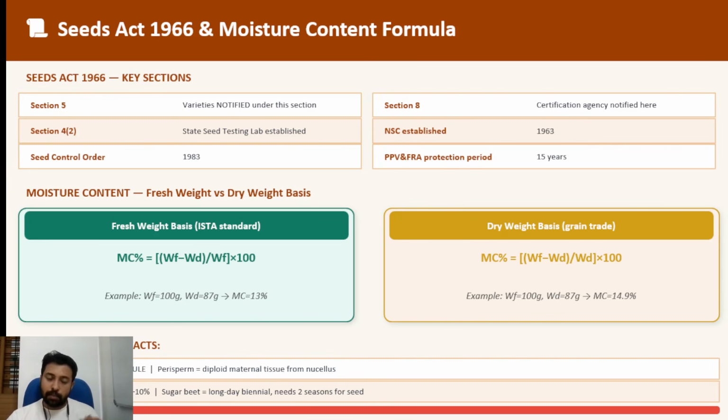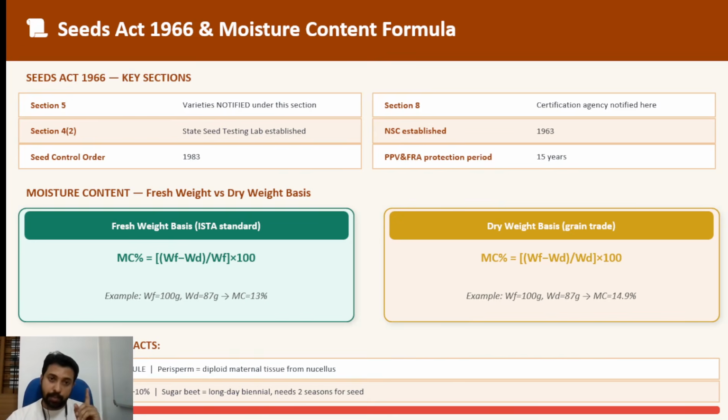Then there are sections that deal with the penalties, sections regarding the extension of time and duration, or extending the certification period, then sections regarding the establishment of certification agencies, and then sections containing the powers of the seed inspector.